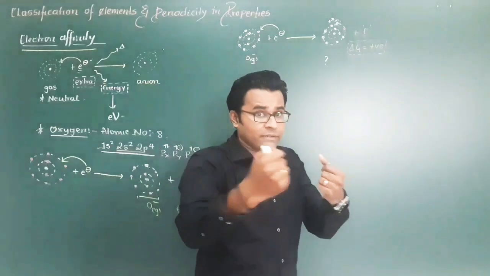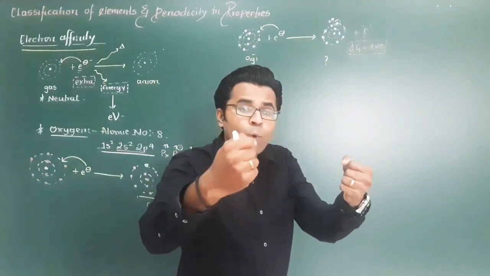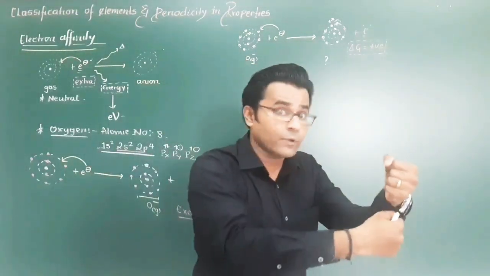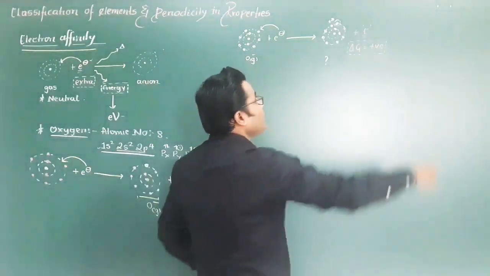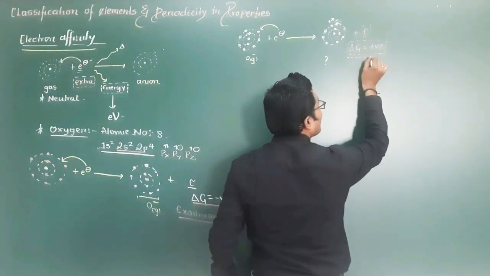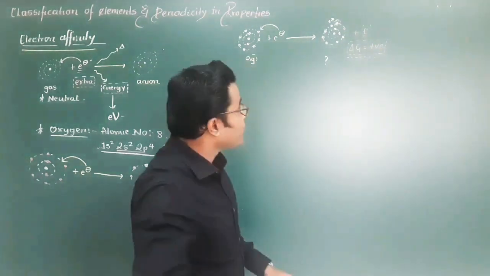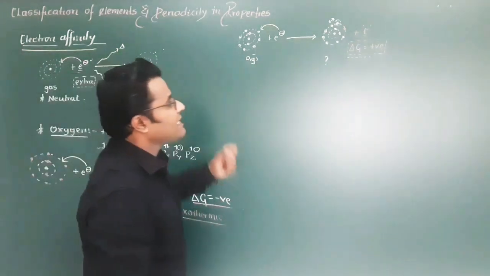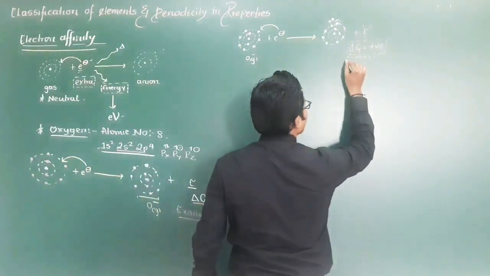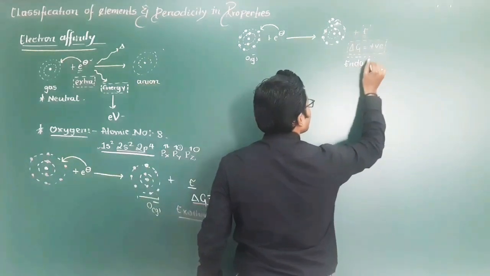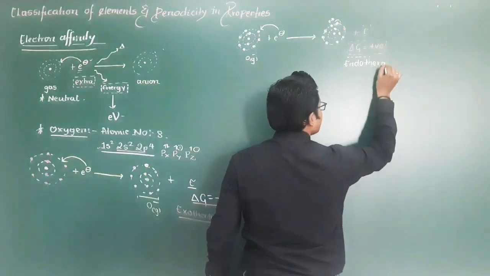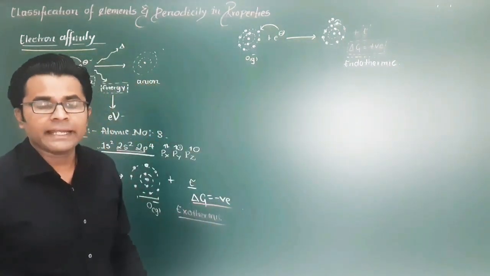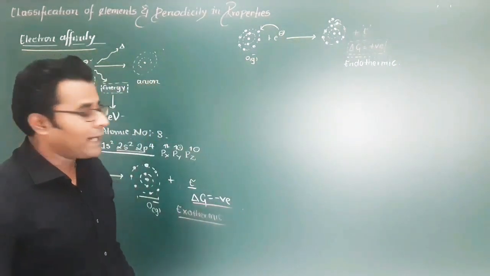In order to overcome those electronic repulsions, and add one more electron, you need to invest some amount of energy. So the second electron gain enthalpy is going to be endothermic. The first case was exothermic, the second case is going to be endothermic, right?